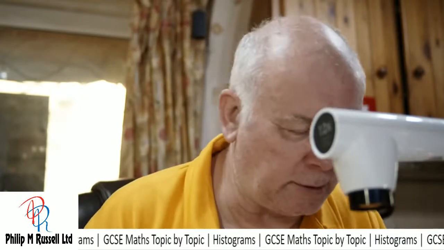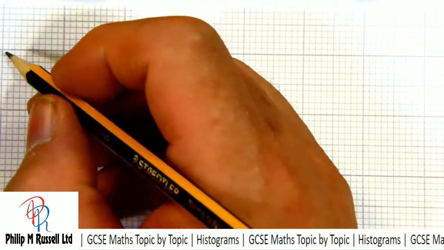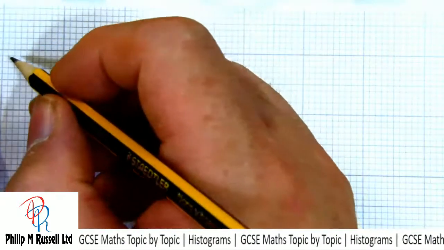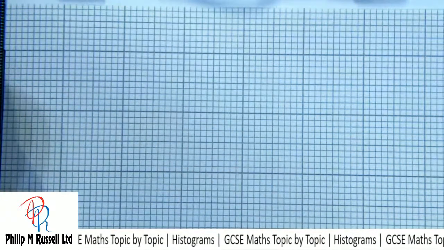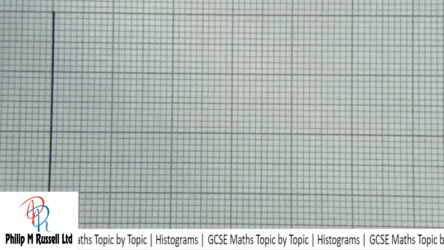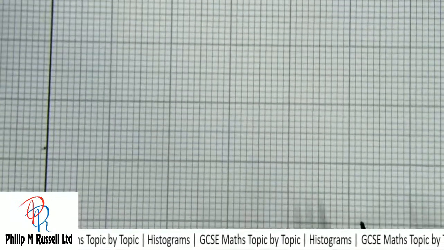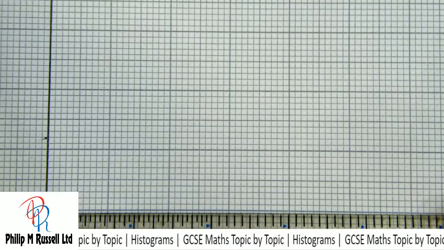So let's start off with drawing out a histogram, and we'll go, I think, something like from 1 to 10. There's my line to draw, 1 to 10, and we'll put some numbers going across.